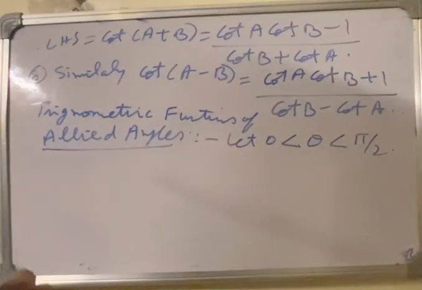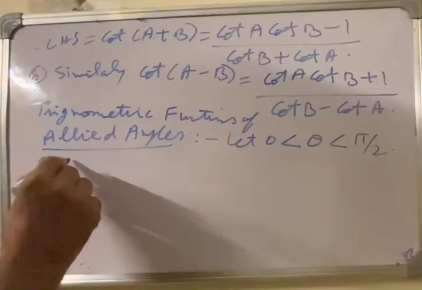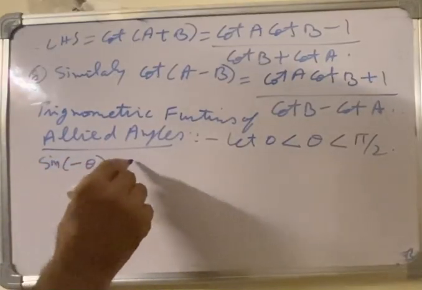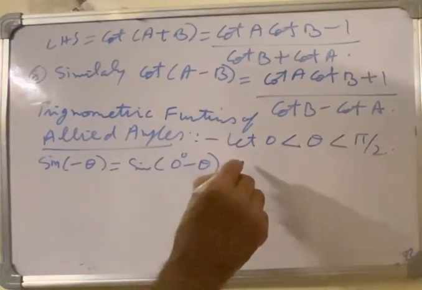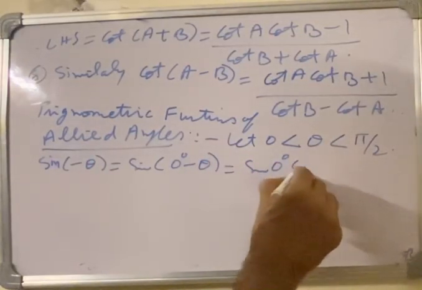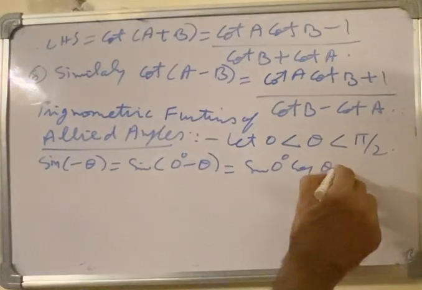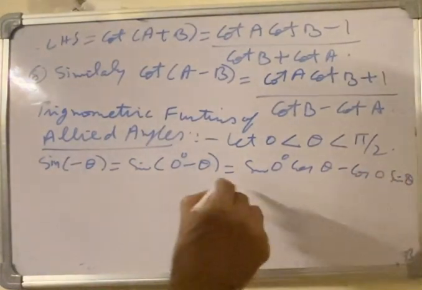Now before proceeding, first of all, we take sine minus theta, which is sine 0 degree minus theta, which is sine 0 cos theta minus cos 0 sine theta.